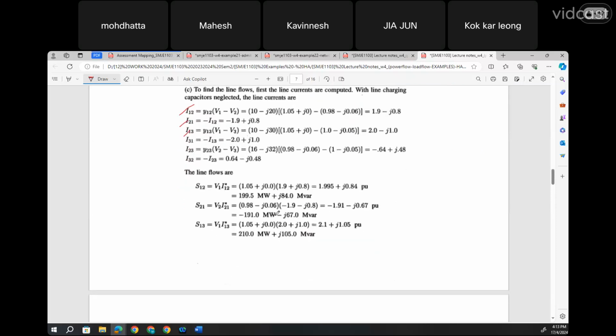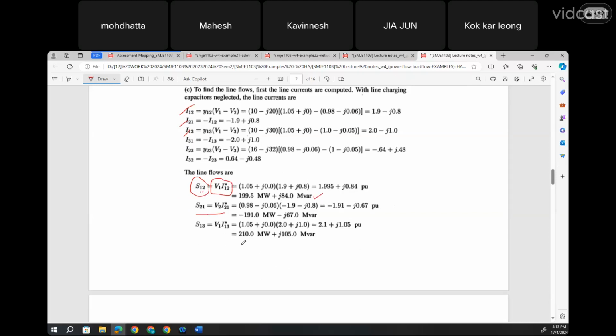So once you know the current flow, you can estimate the complex power from bus 1 to bus 2, where you can use this equation: V1 times the conjugate of I12, and this is the power that you have.